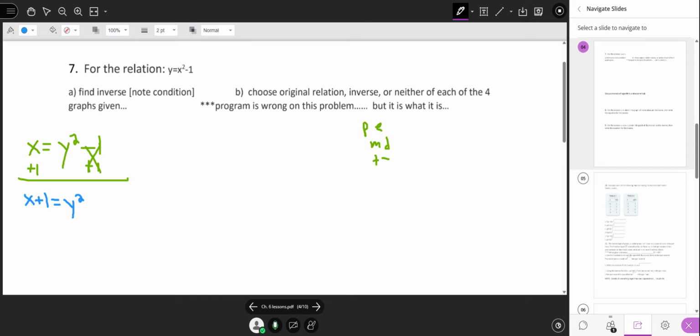The opposite of that exponent is to take the square root. Remember, it's both plus and minus.